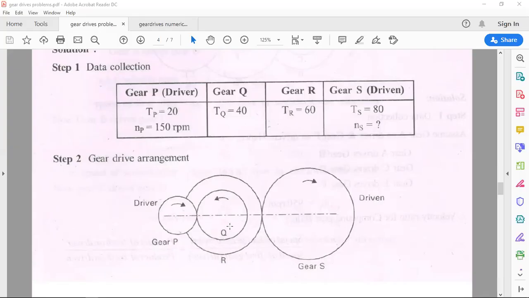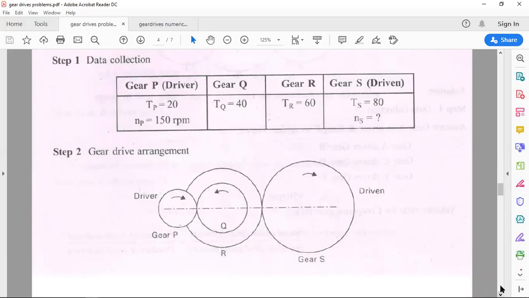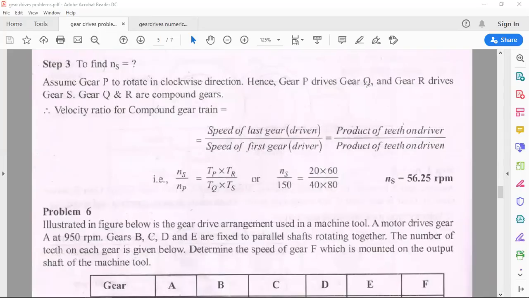So based on that equation, the velocity ratio is equal to TP into TR divided by TQ into TS. Ns by Np is the speed of the last or driven gear divided by the speed of the first gear, and it equals the product of teeth on the driver gears over the product of teeth on the driven gears.